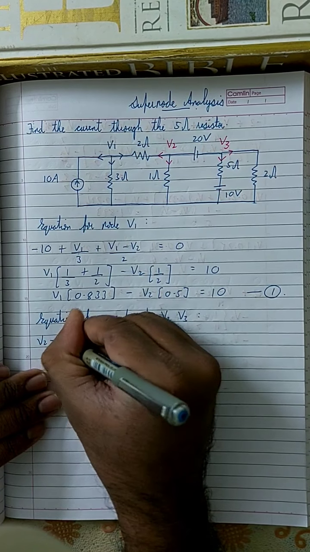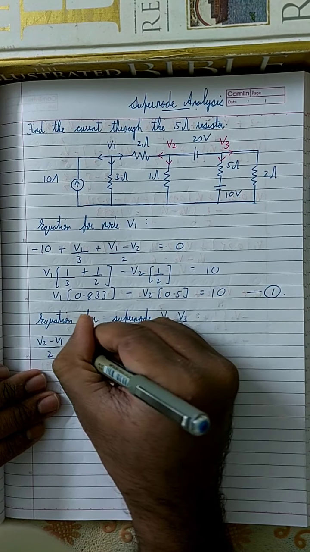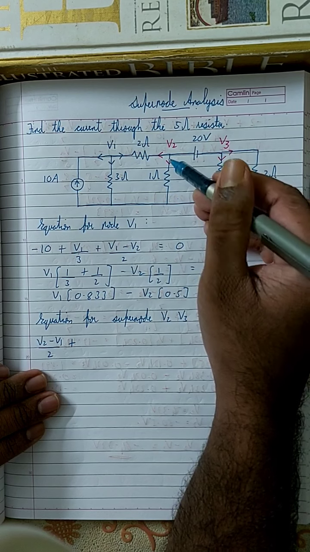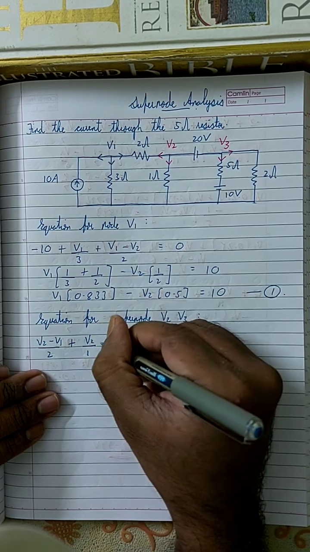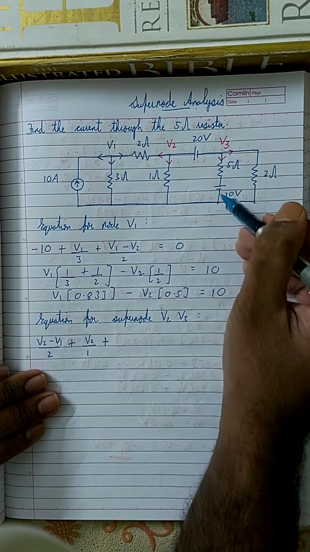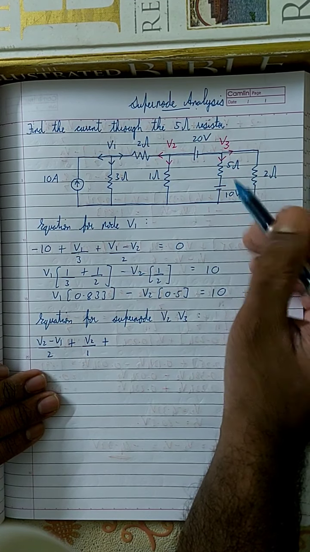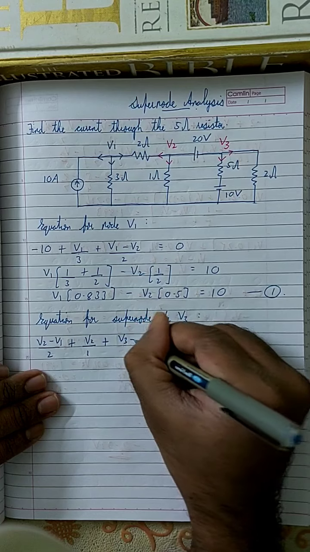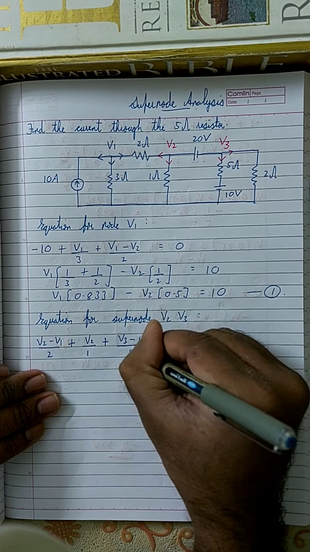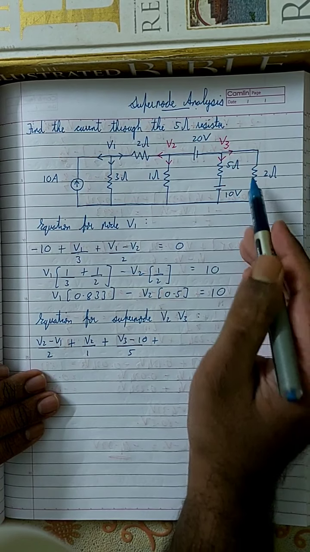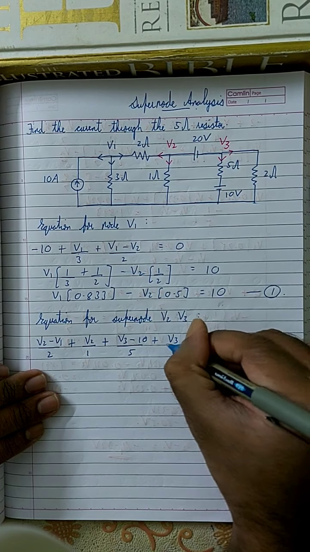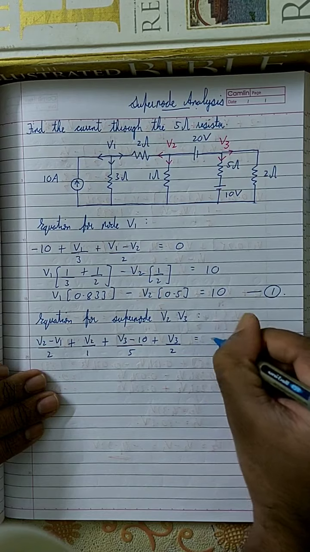So V2 minus V1 by 2 plus, what is the equation through this branch? It is V2 by 1. V2 by 1 plus, what is the equation through this branch? It is V3 minus 10 by 5. So V3 minus 10 by 5 plus, what is the current through this branch? It is V3 minus 0 by 2, or V3 by 2 is equal to 0.